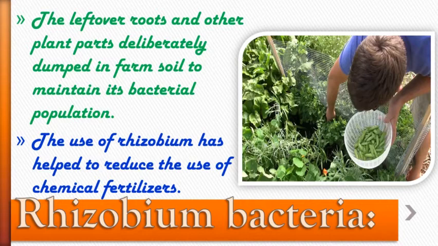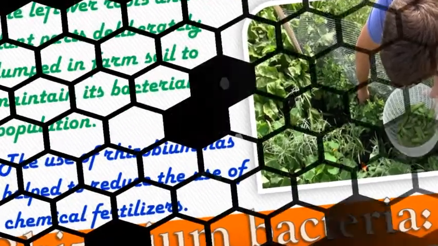It has also helped to reduce expenses on fertilizers and thus works to the benefit of farmers. So, this is a very beneficial microorganism in our daily life, right? This is a type of useful microorganism, students.